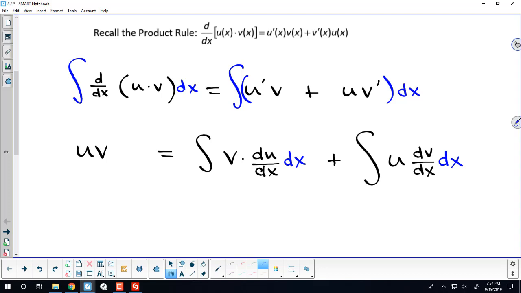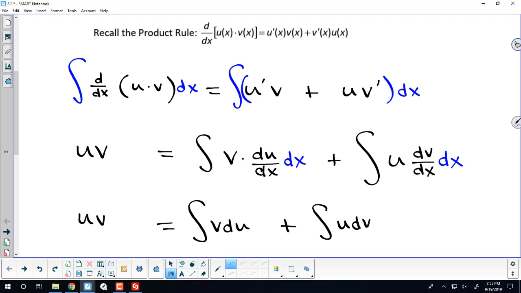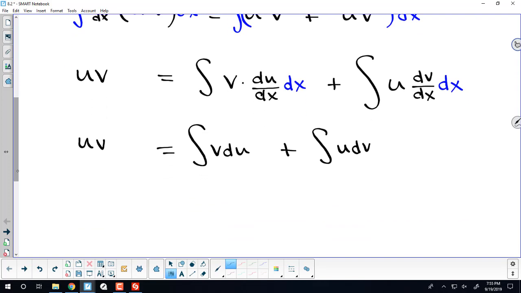So uv is equal to, the dx's will divide out, so we have the integral of v times du plus the integral of u times dv. And it's sort of arbitrary, but universally accepted that we're going to solve for the integral of u dv.